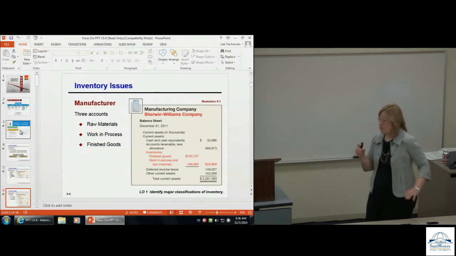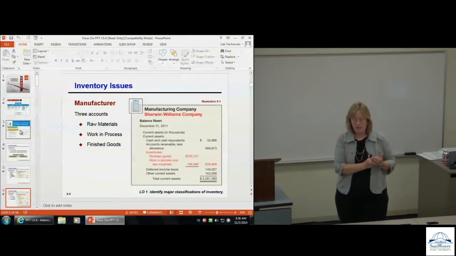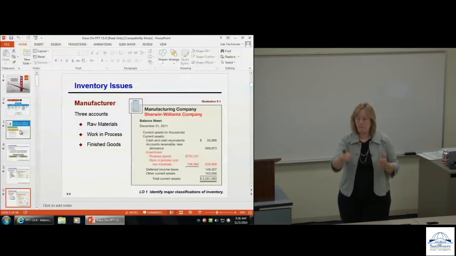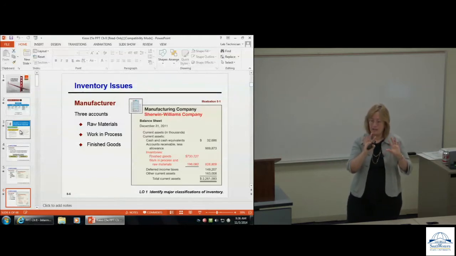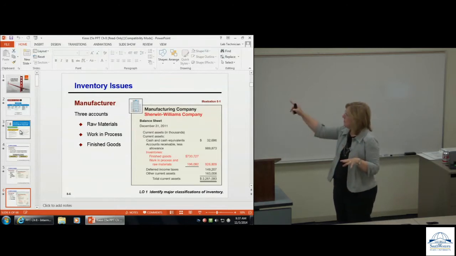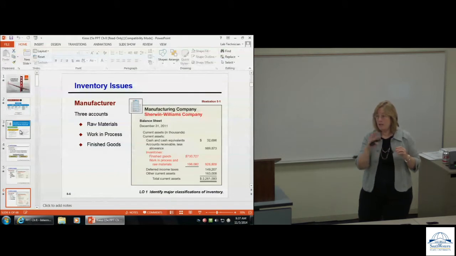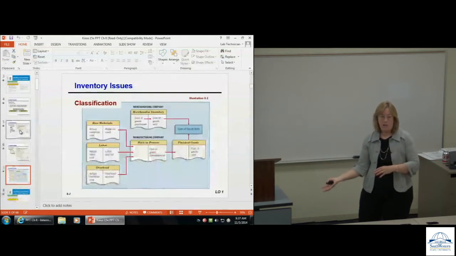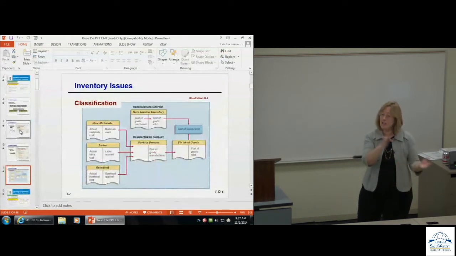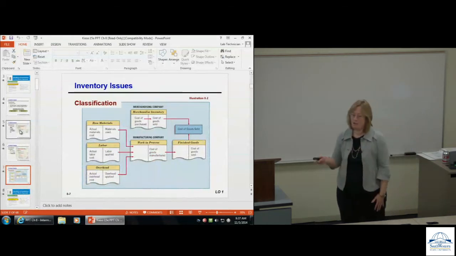So the inventory is an asset. All of this stuff that they buy to make the paint stays in the inventory account as a current asset until the paint is sold, and then it goes to the income statement in cost of goods sold. Okay?